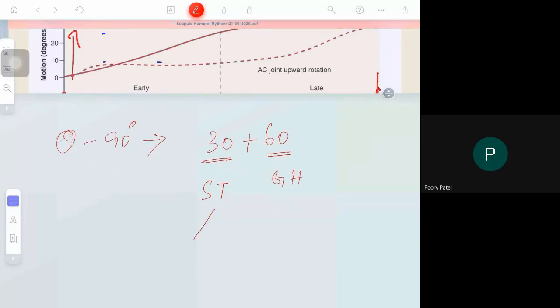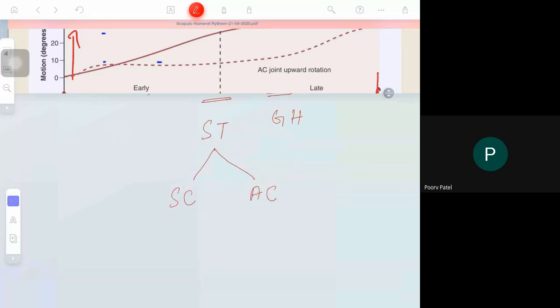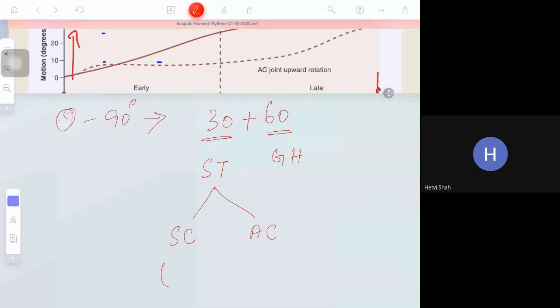Among this 30 degrees, the movement occurs both in the sternoclavicular joint and acromioclavicular joint. Clear? In the sternoclavicular joint, the range will be approximately 20 degrees. In the acromioclavicular joint, approximately 10 degrees.